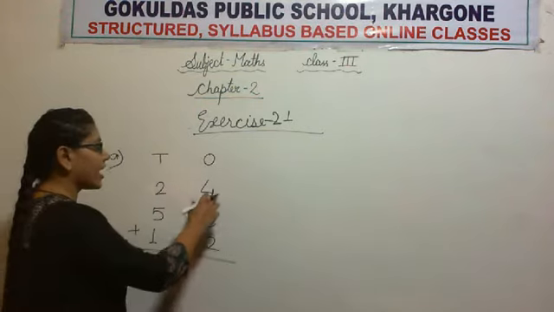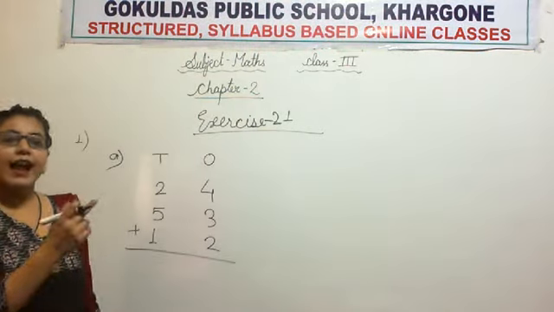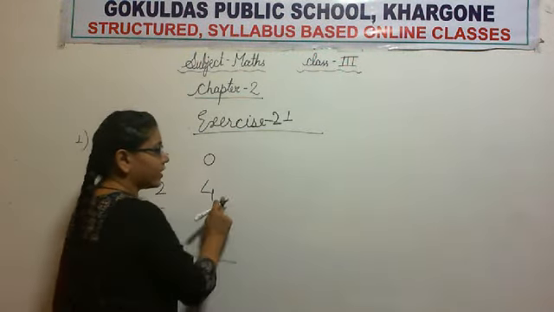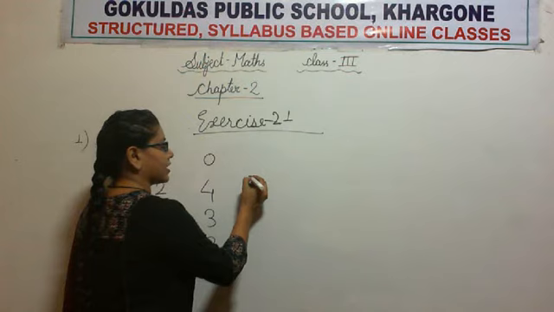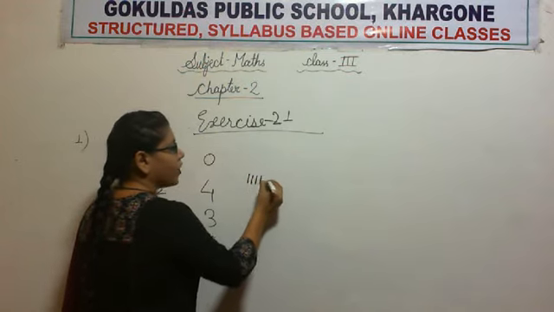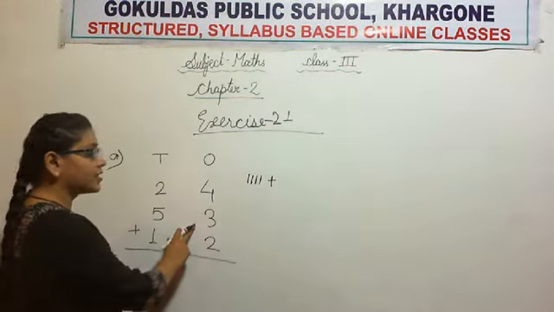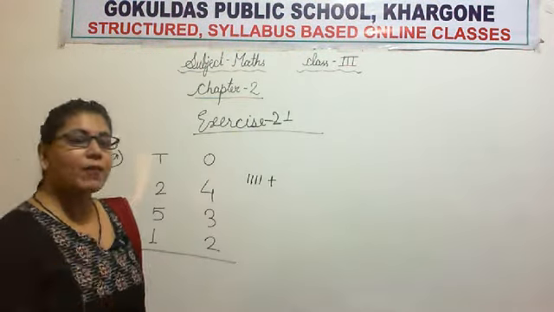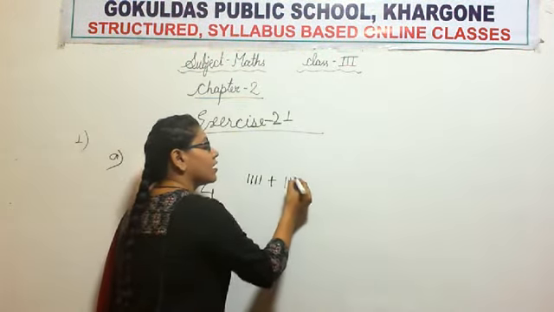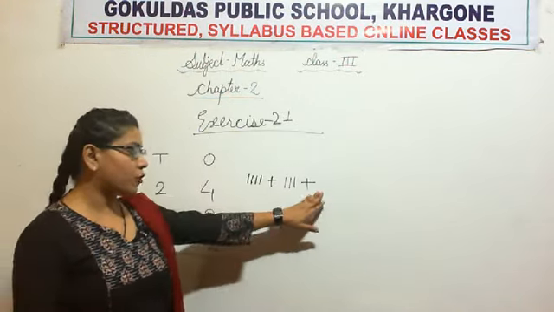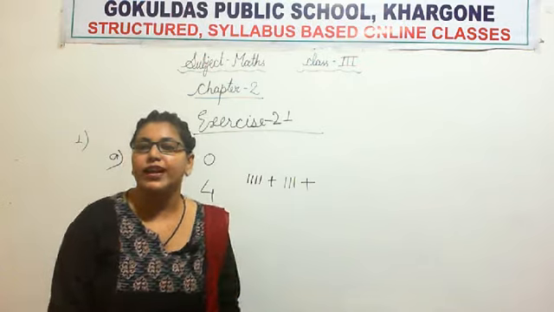How many sticks are there? We will add ones in ones and tens in tens. Okay, so 4 is written, so we will draw 4 sticks. 1, 2, 3, 4. Then we are adding, so we will put plus sign. Then the next number is 3. So we will draw 3 sticks. And again third number is also given, so we will put plus sign again because we are doing addition.